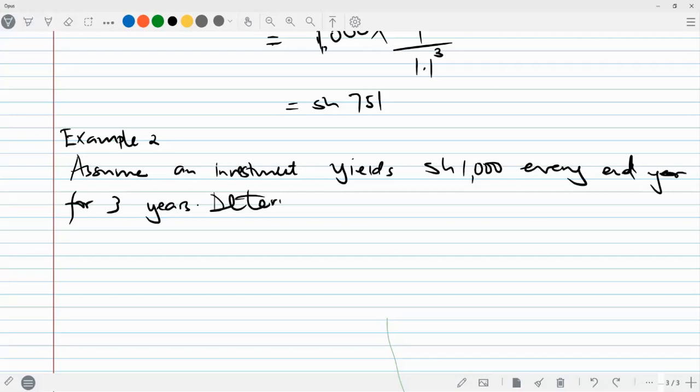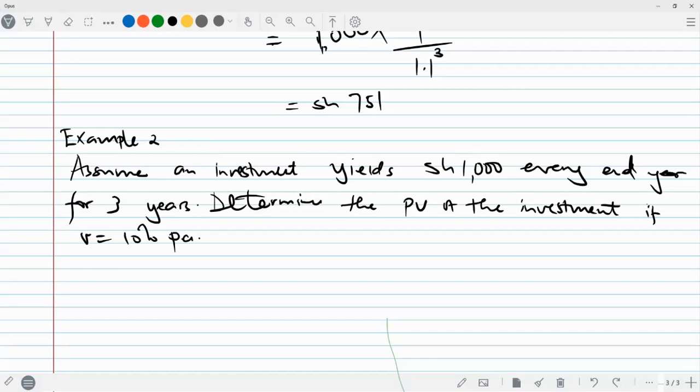Determine the present value of the investment if R, the discount rate, is 10% per annum.